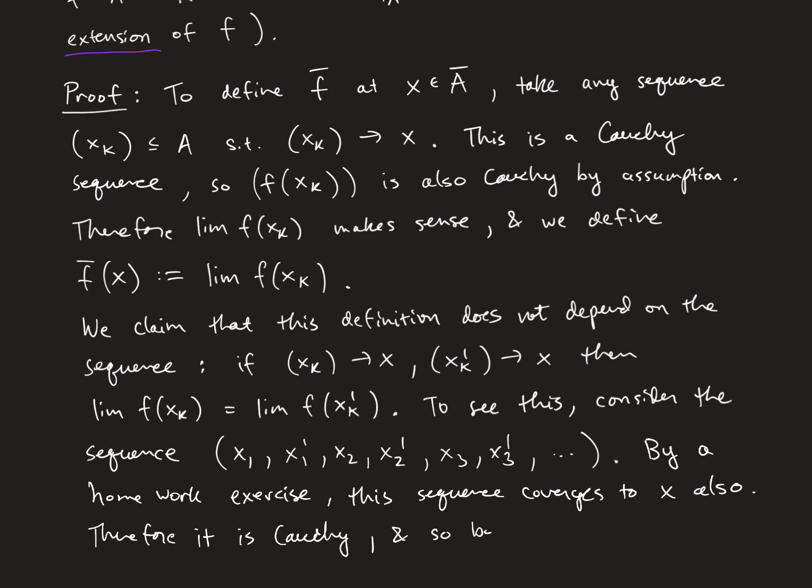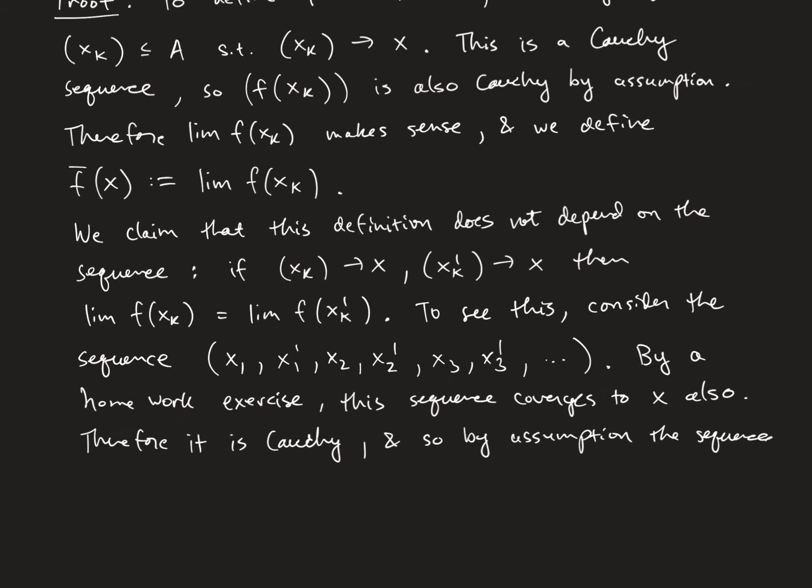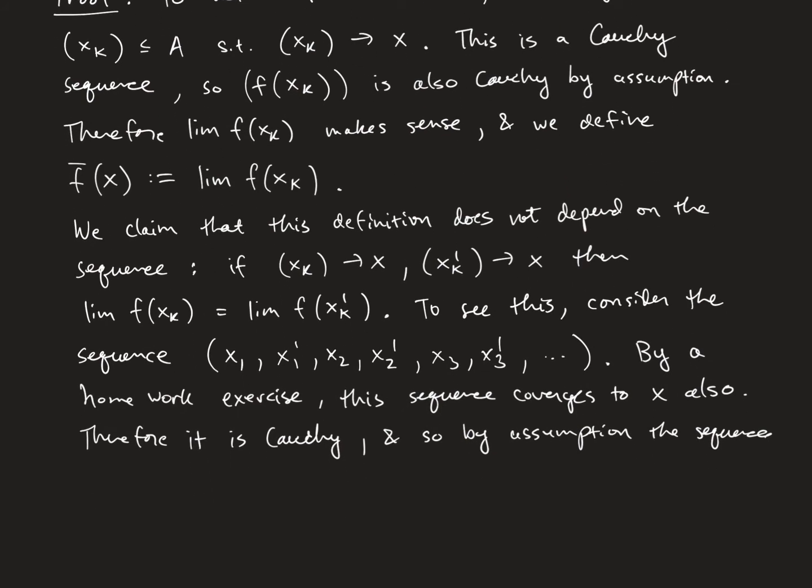And so by assumption, we're going to use our assumption, the sequence of f values, so if we do f of x1, f of x1 prime, f of x2, f of x2 prime, etc., also is Cauchy and thus convergent.